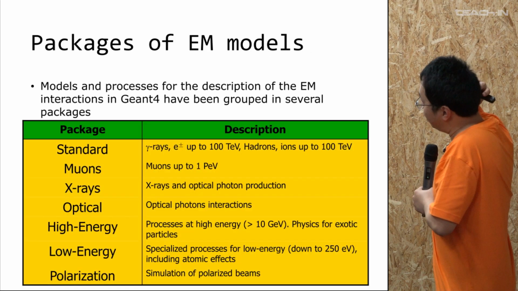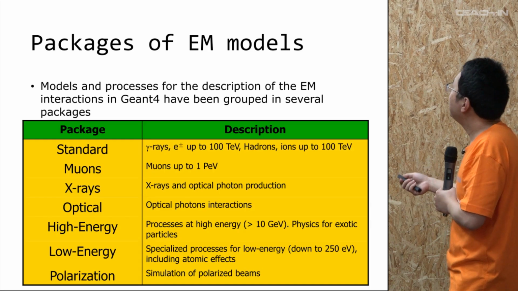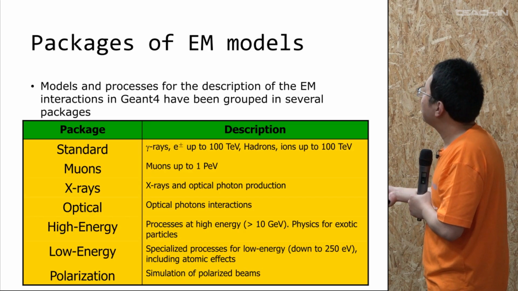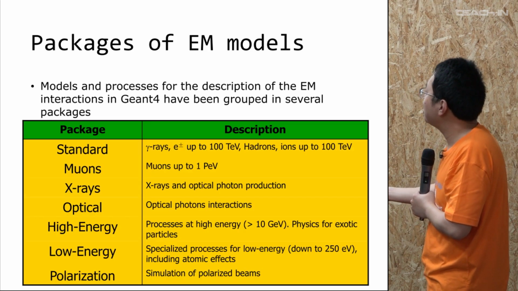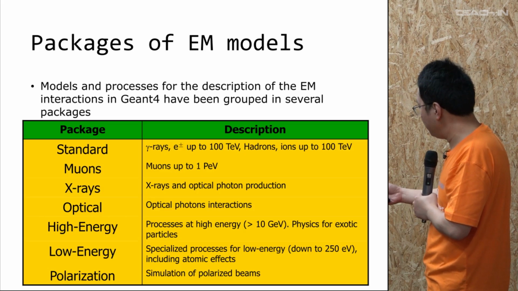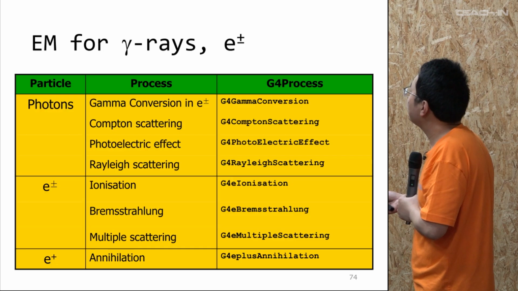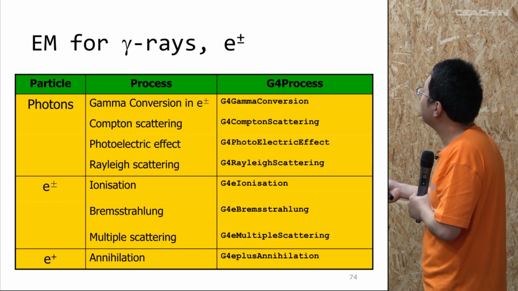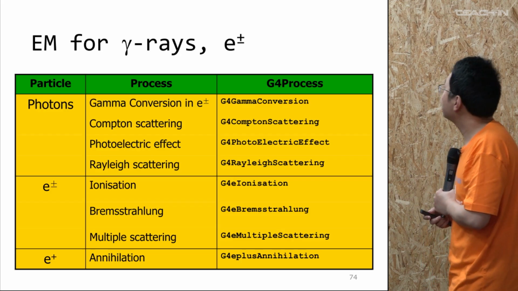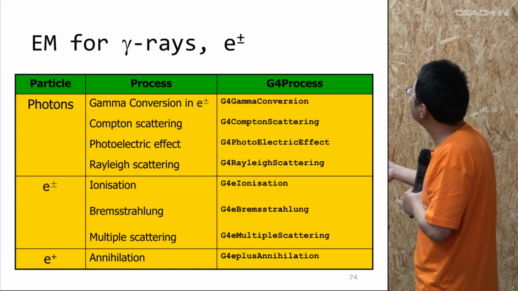Yeah. So in Geant4, there are several packages for these EM models. You can see the standard, for the muon, for the X-ray, and also the optical, and it also covers the so-called high energy and low energy, and also the polarization. For gamma rays, electrons and positrons, we have several things like the gamma conversion, the Compton scattering, and also the photoelectric effect, and also maybe sometimes we need this scattering.